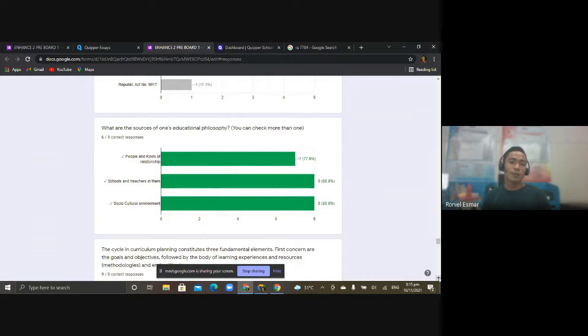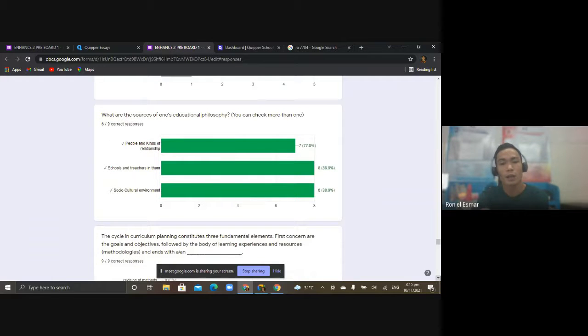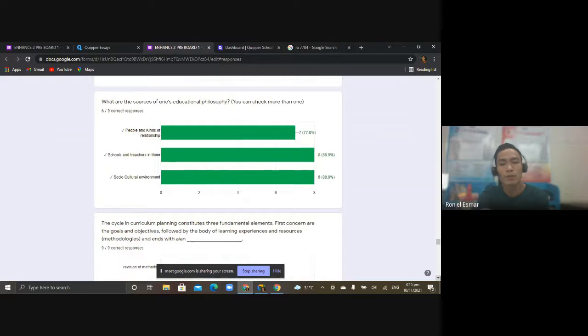Next are the schools and teachers, as well as the socio-cultural environment. Because those are the important areas that were even highlighted in the PPST also. So obviously, those are the areas in which your educational philosophy is anchored.